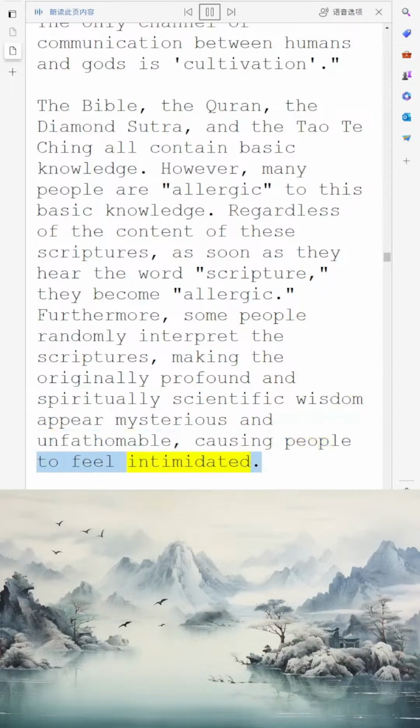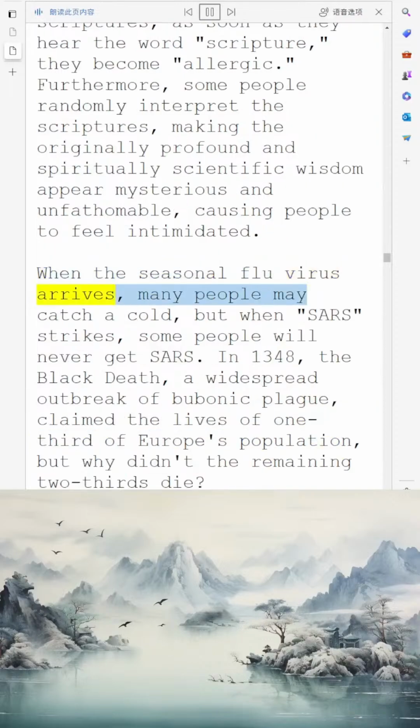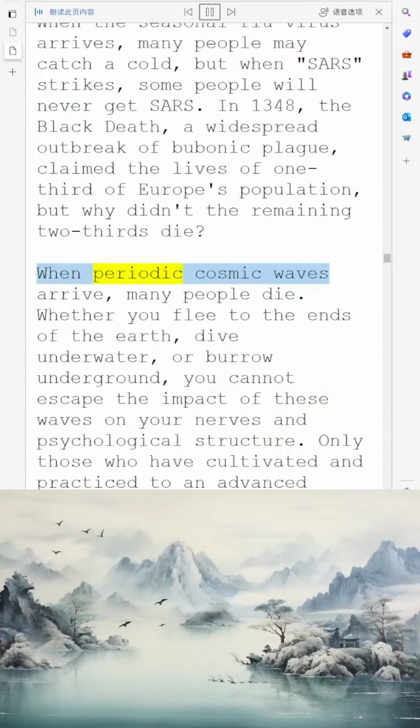people to feel intimidated." When the seasonal flu virus arrives, many people may catch a cold, but when SARS strikes, some people will never get SARS. In 1348, the Black Death, a widespread outbreak of bubonic plague, claimed the lives of 1/3 of Europe's population. But why didn't the remaining 2/3 die? When periodic cosmic waves arrive, many people die.